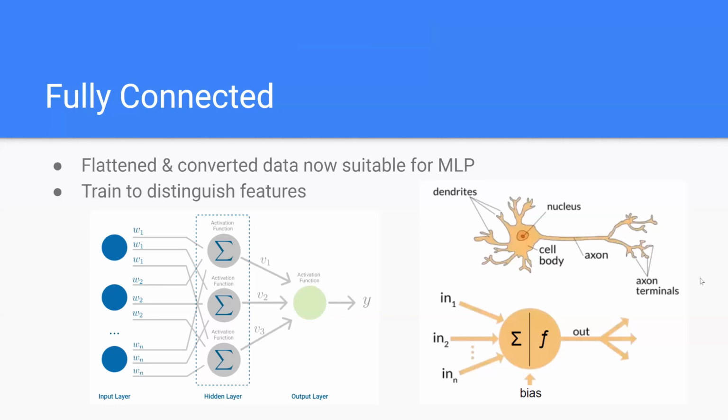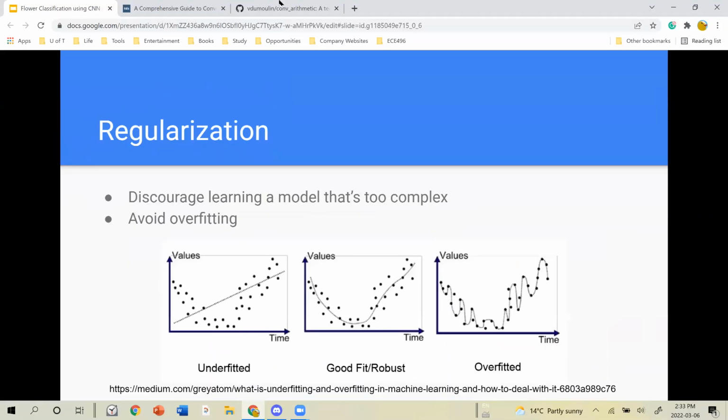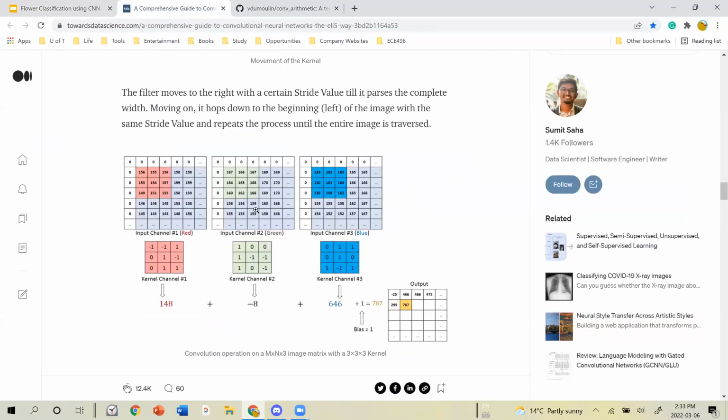Okay, sorry, just taking a look at the questions. So some kernels can sharpen. Yeah, looking at this example, I'd say yes.